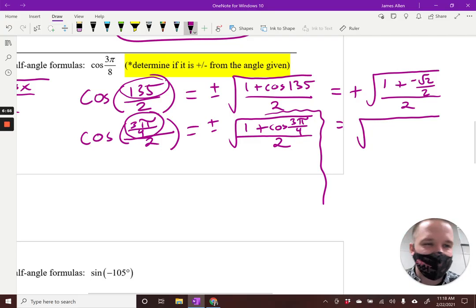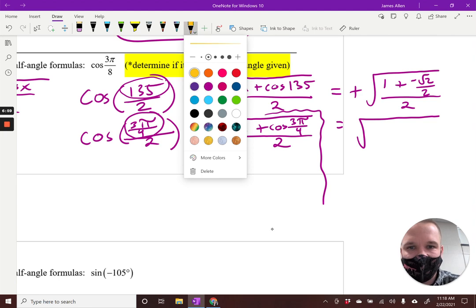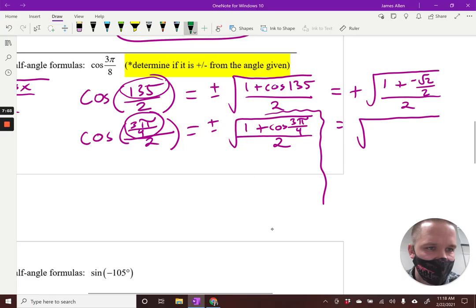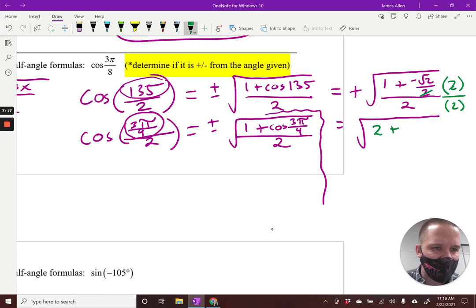All right, I can multiply. If I want to get rid of that fraction in the numerator, what if I were to do something like this? I don't know why I'm going to a totally different color here. If I multiplied numerator and denominator by 2, meaning multiply by 2 over 2, or a clever form of 1, as I like to say, I would get 2 plus, and then these would end up canceling each other out.